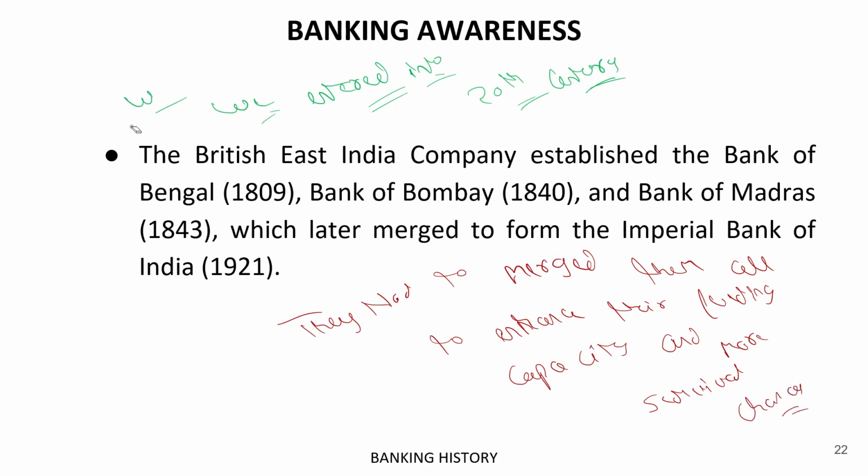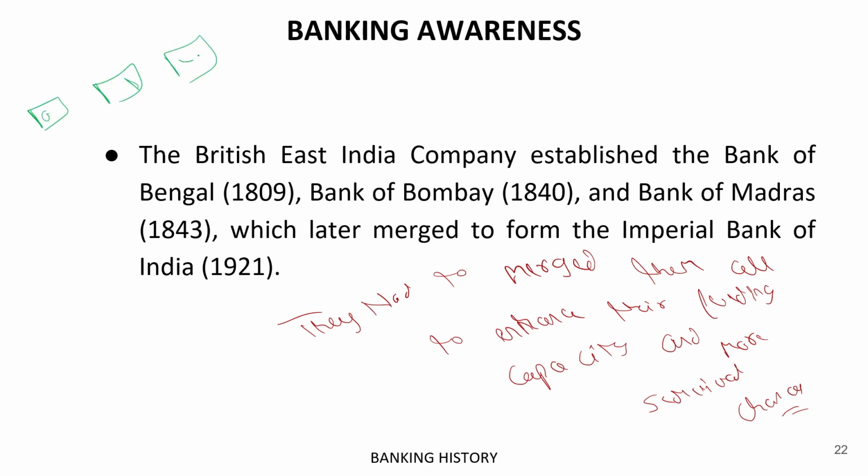Let me give an example. Suppose these are the three banks of the Britishers, A, B, and C: 10, 10, 10. All these 10s are lakhs. This is their total deposit power, or total loan power. This is a Portuguese bank, just as an example, with 20 lakhs of power.